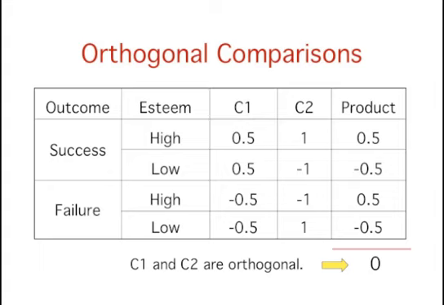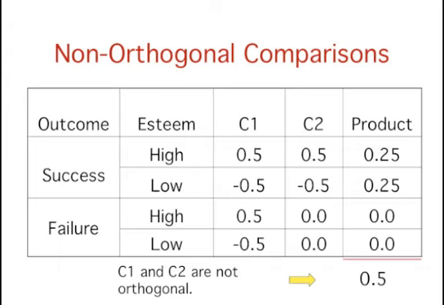The column C2 contains the coefficients from the test that looked at the difference between the success and failure outcomes for the high self-esteem subjects as compared to the difference between the success and failure outcomes for the low self-esteem subjects. The column labeled product is the product of the C1 and C2 columns. Note that the sum of the numbers in the product column is 0. Therefore, the two comparisons we did in this section are orthogonal.